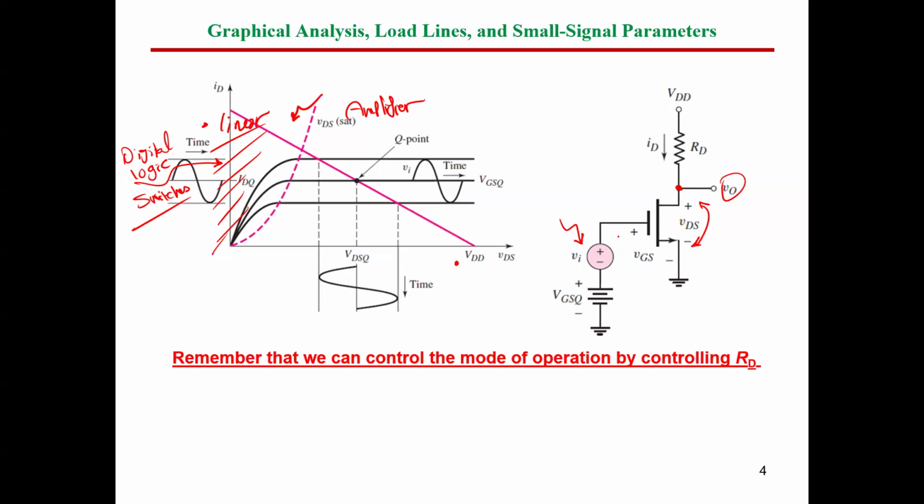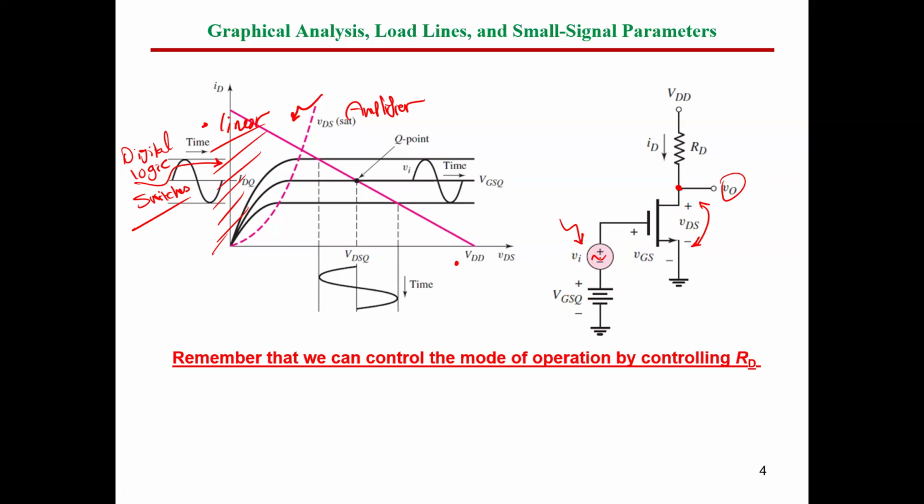This is the output voltage, and the input voltage is this one. Actually, this is an AC signal, and we still have VGSQ. So we have V input as AC, and we have DC, like two sources together. And we expect for the output voltage also to have a DC component and an AC component.